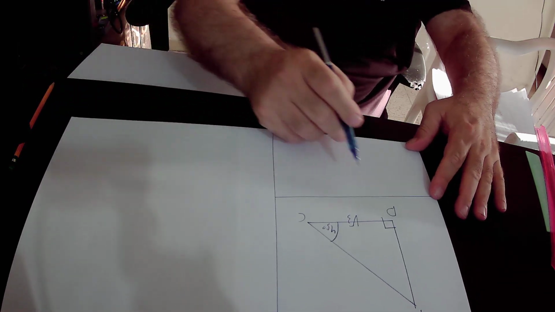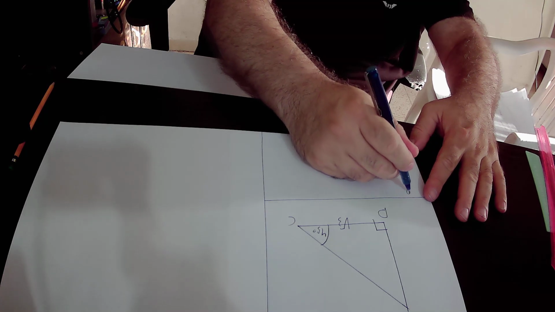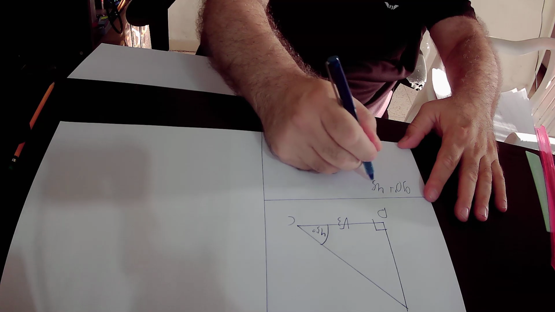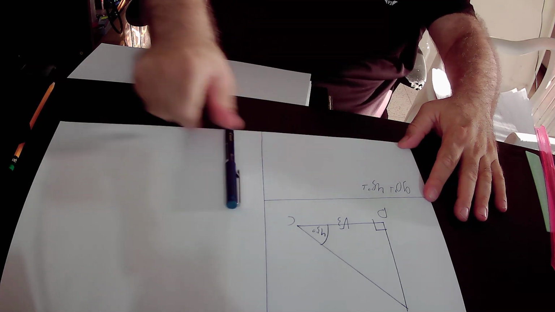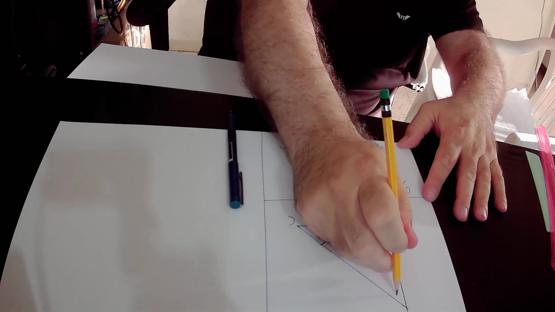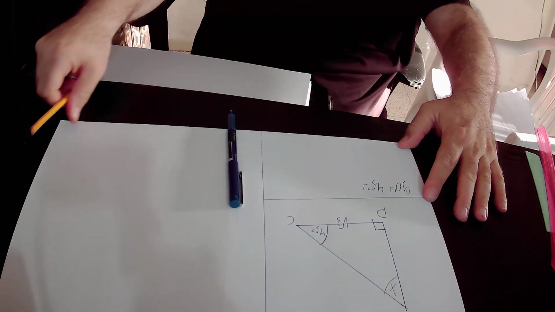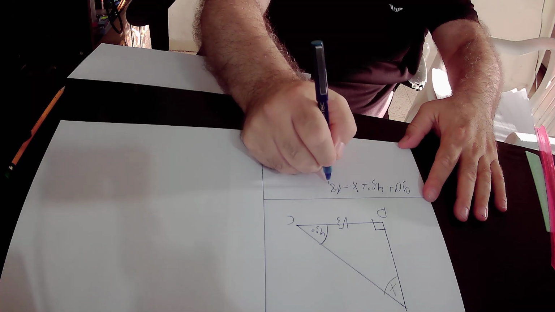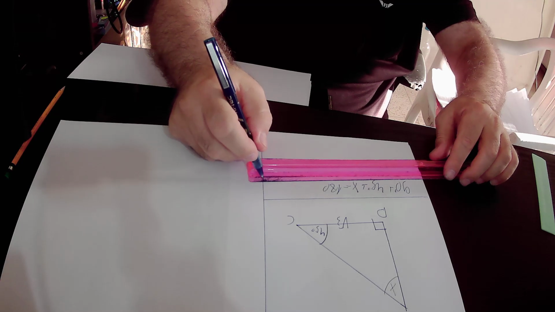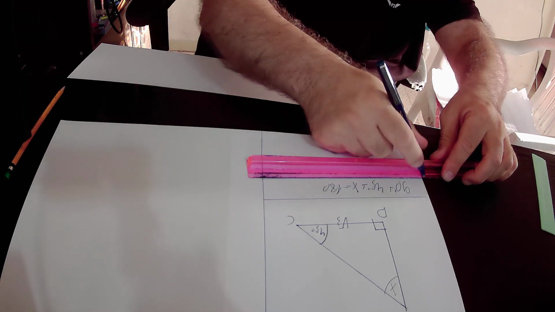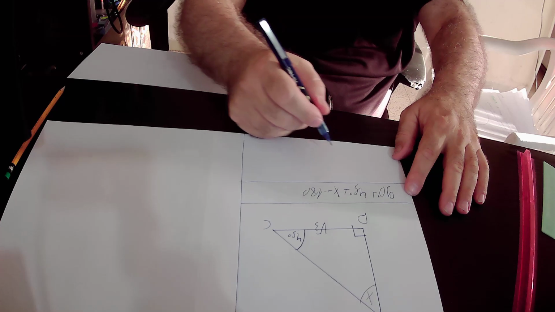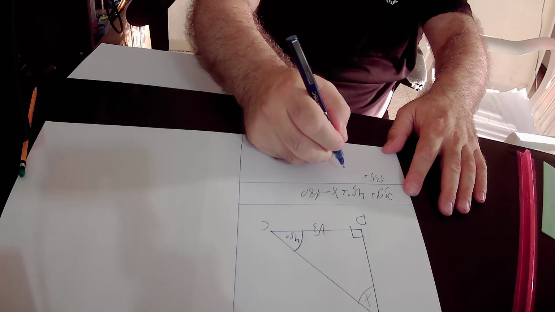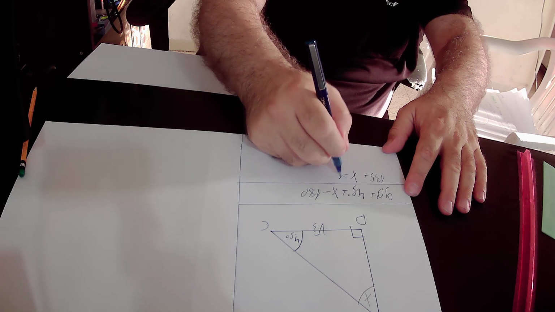We have this angle that is equal to 90 degrees, plus this angle that is equal to 45 degrees, plus the missing angle that we define as angle X. In total, the sum of those three angles must be equal to 180 degrees. 90 degrees plus 45 degrees is 135 degrees, plus X must be equal to 180 degrees.